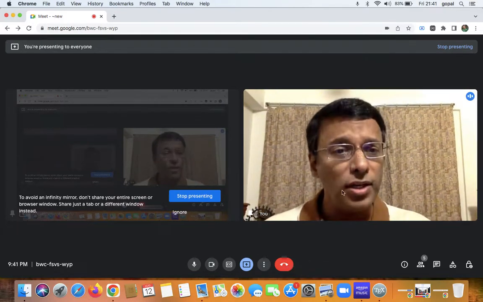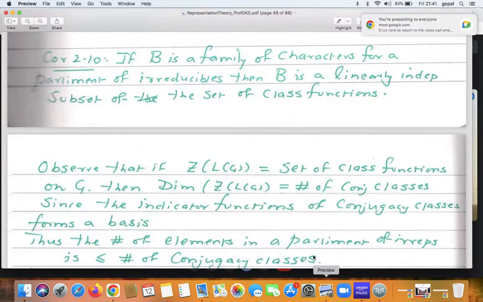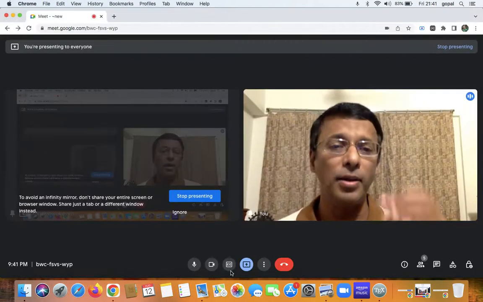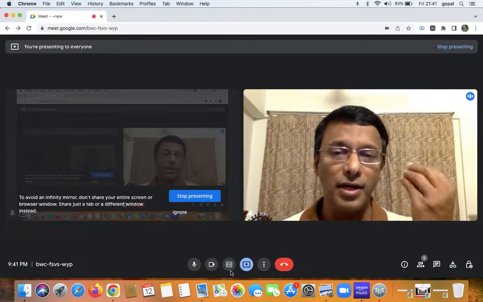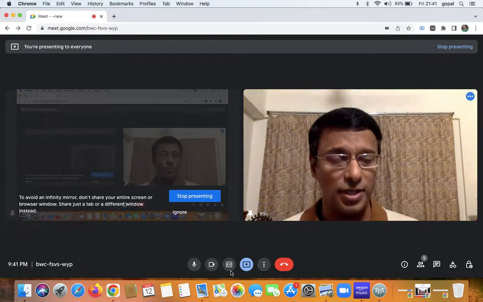So we immediately get that the number of irreducible representations, the number of elements in a parliament of irreducible representations, is less than or equal to the number of conjugacy classes. We want to prove that equality holds. Already we got an inequality. In fact, the cardinality of the parliament of irreducibles is upper bounded by the number of conjugacy classes.